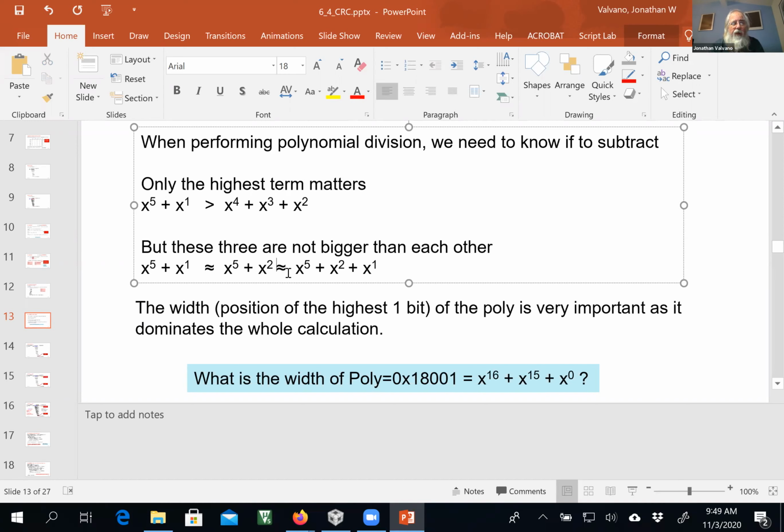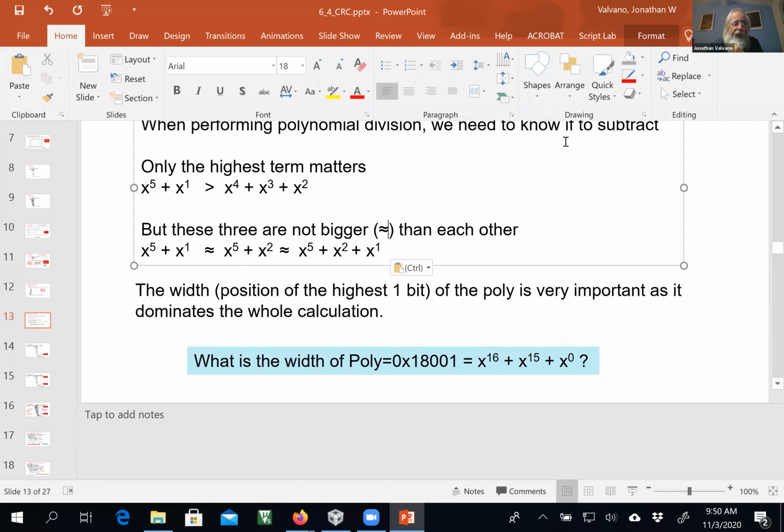So this little symbol here means not bigger. Not necessarily equal, obviously not less, but not bigger.